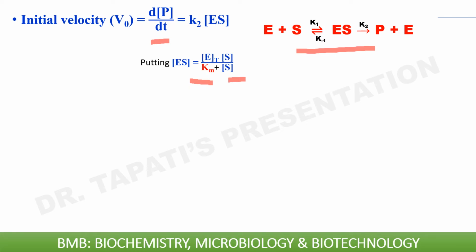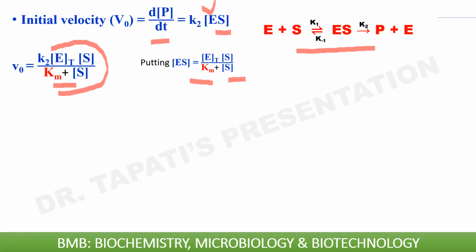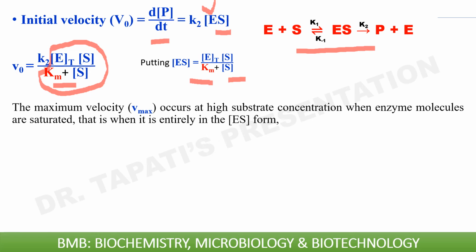in this equation, we get V0 equal to K2 ET into S divided by Km plus S. Now, the maximum velocity, Vmax, occurs at high substrate concentration when enzyme molecules are saturated, that is, when the enzyme is entirely in the ES form.